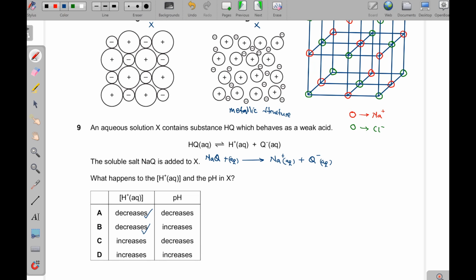But then the pH, when the concentration of hydrogen ions decreases from the solution, then that means we are going to have a higher pH. The more the hydrogen ions you have in solution, the lower the pH, because the solution is acidic. You see that? So that means the pH has to increase, and therefore our answer has to be B.